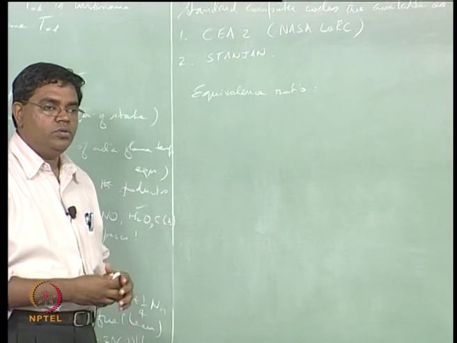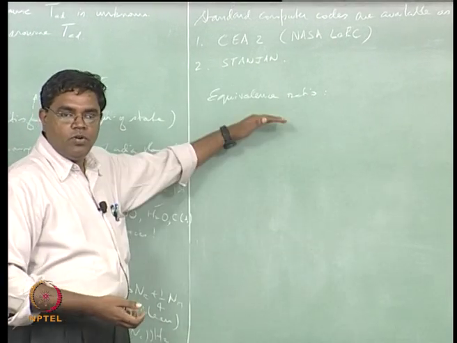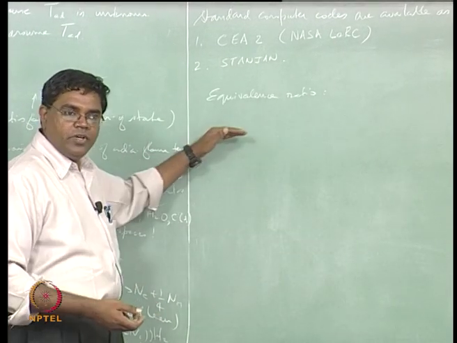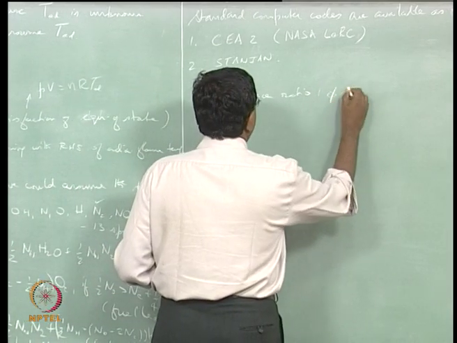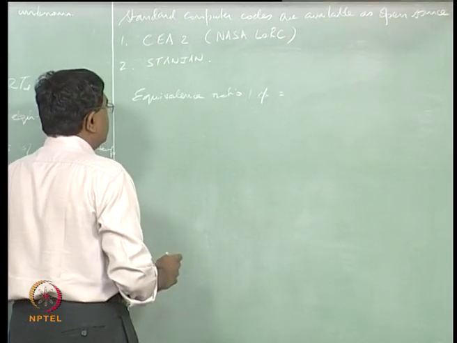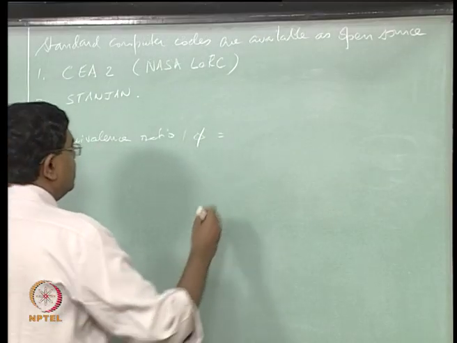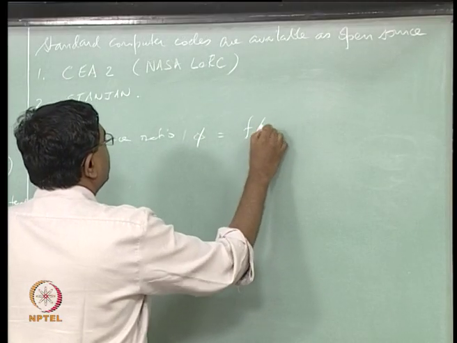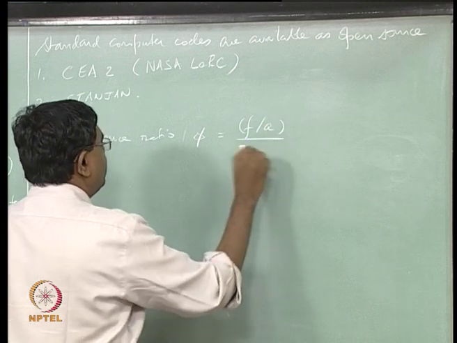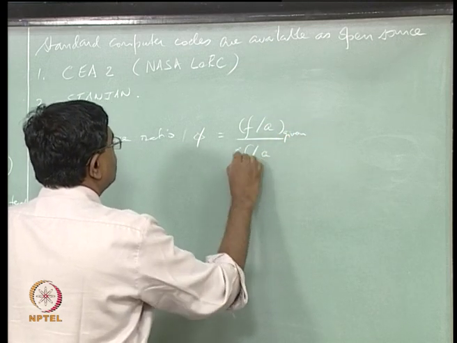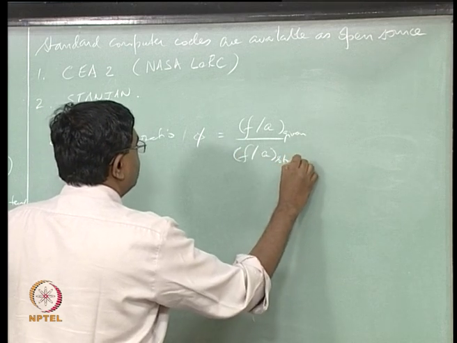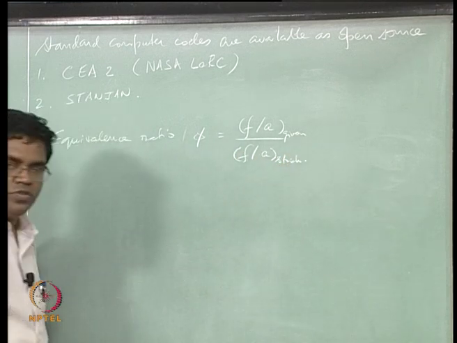When you talk to the industry people, they keep talking about something called the equivalence ratio. The equivalence ratio is typically given the symbol phi, and this is defined as the fuel air ratio for a given condition divided by the fuel air ratio at stoichiometric proportions.